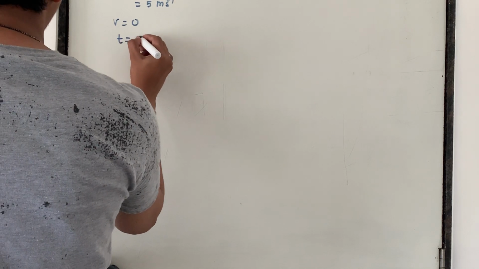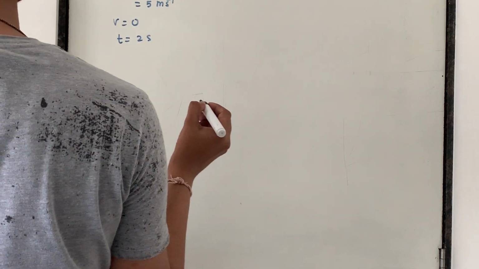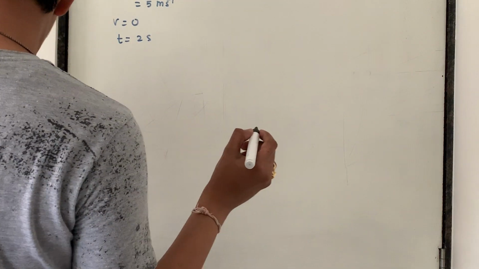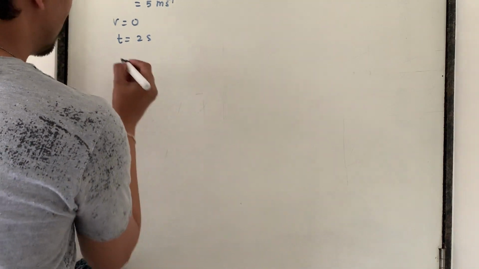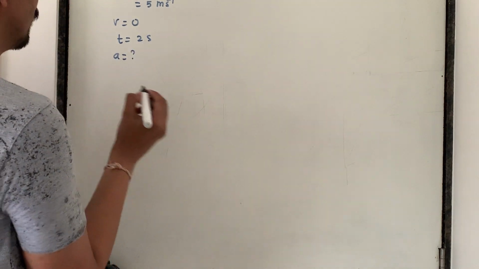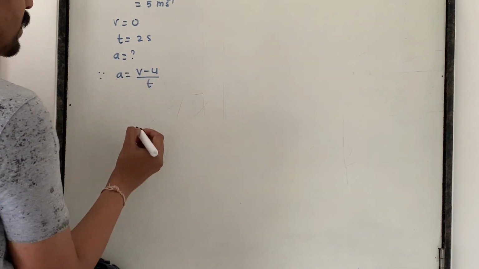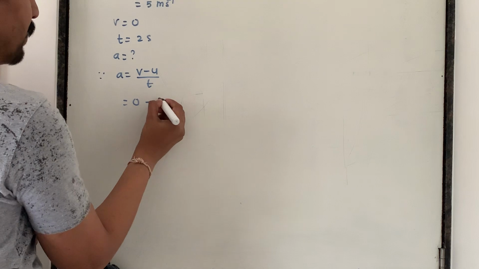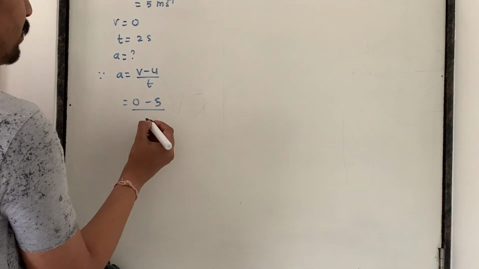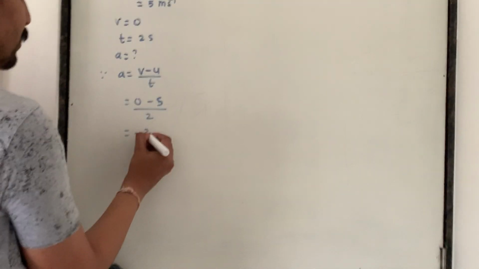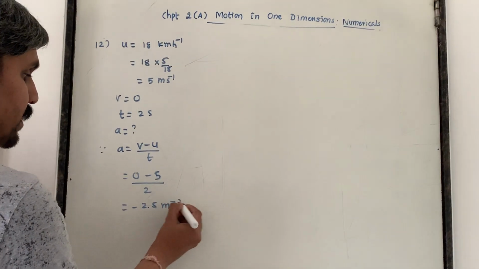In time t, 2 seconds is given. Find the retardation. Retardation they want, that is, they want acceleration. So I can write here a is equal to v minus u upon t. v is 0, u is 5, so 0 minus 5 upon t, which is 2. So this is minus 2.5 meter per second square.